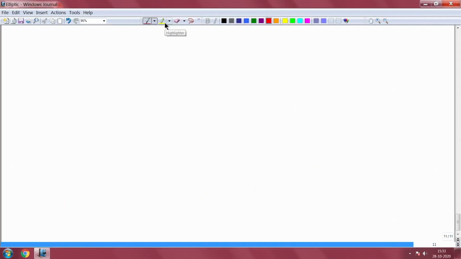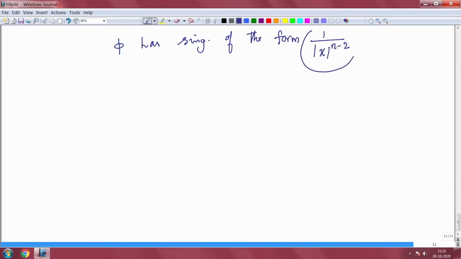If you look at it, phi, except for n equal to 2, has a singularity of the form 1 by mod x power n minus 2. So, this is the singularity type. The singularity is at the origin, so you have to see the local integrability in a neighborhood of 0.